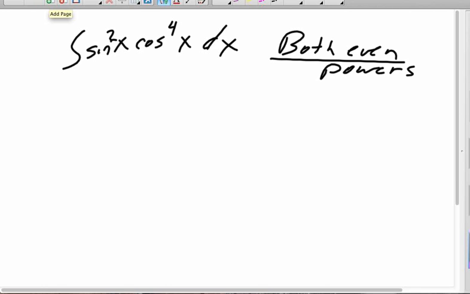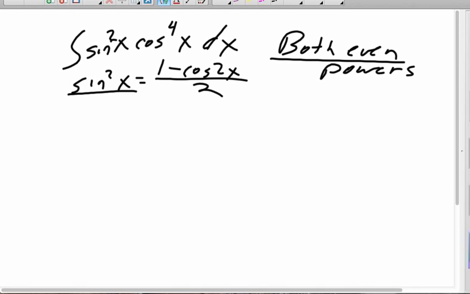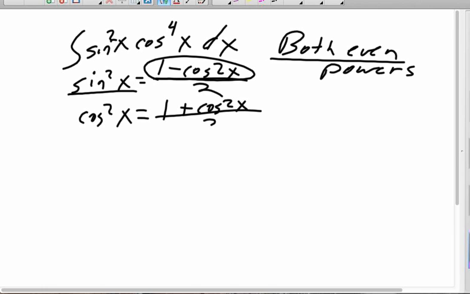And what that looks like is sine squared of x is 1 minus cosine of 2x over 2. And you can see what's happened is I've reduced a sine now into a single power of cosine, which is nice. And cosine squared of x is 1 plus cosine of 2x over 2.